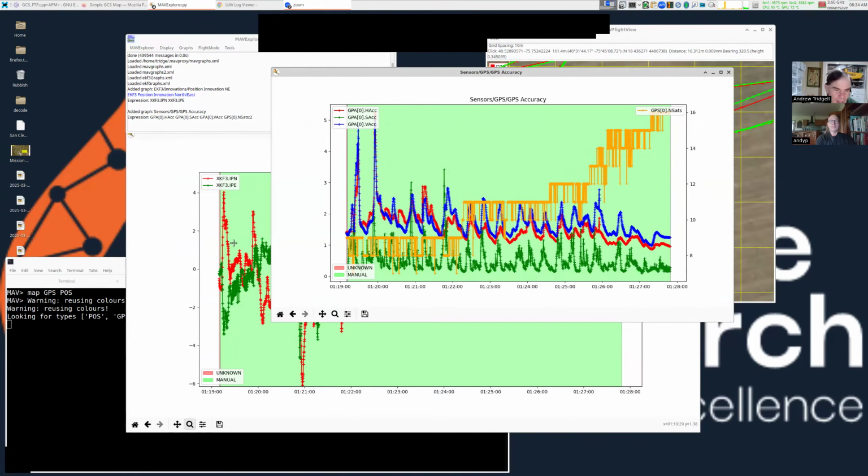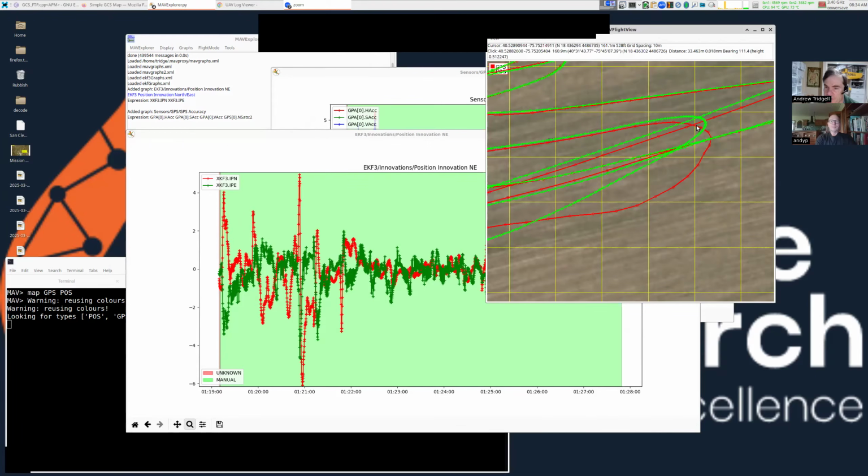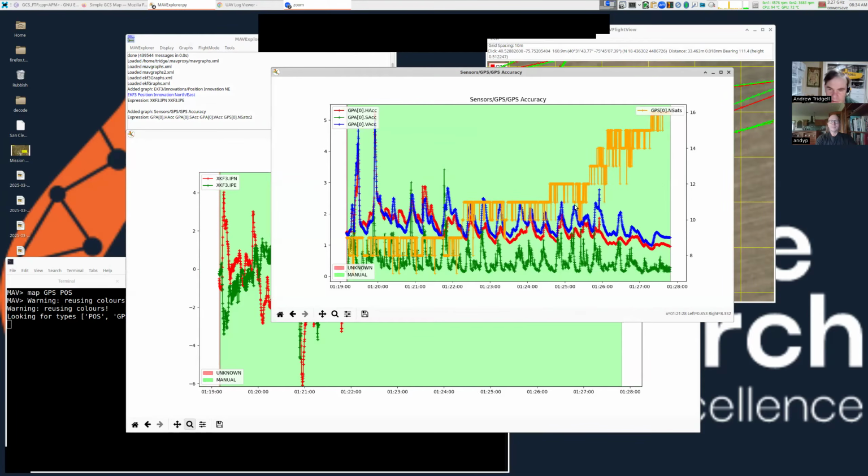By the way, in a really good flight, if everything was set up perfectly on the aircraft, you would expect these innovations to be maybe half a meter, a quarter of a meter or less, really quite small. And you would expect that these tracks, the green and red line, would be within a very small margin of each other. So this graph here gives us the first little bit of an insight into what might be happening.